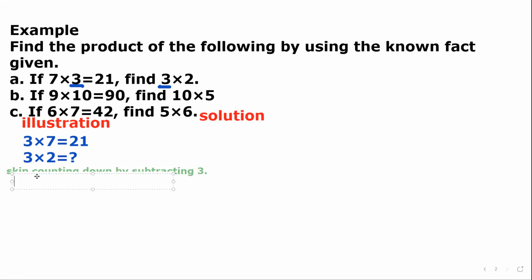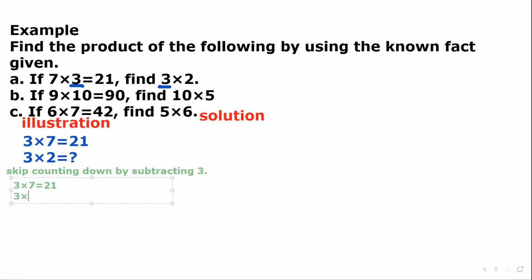Now let's start with a known fact. We have 3 times 7, which is equal to 21 here. Then always start with the multiplier, because we know the multiplier is the number that appears in the known fact and at the same time in the unknown fact. So we start with the 3 again.